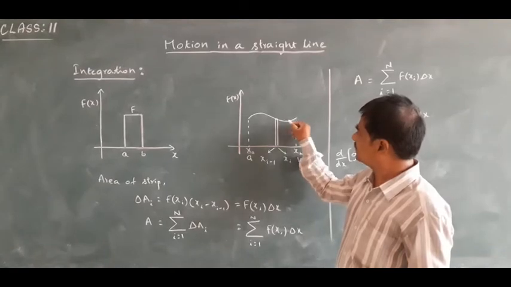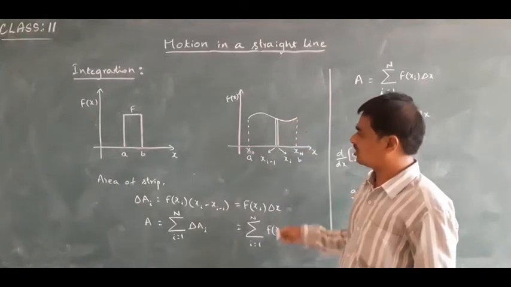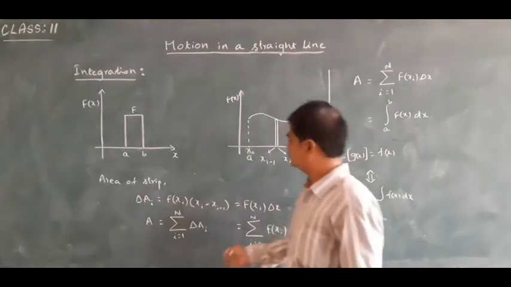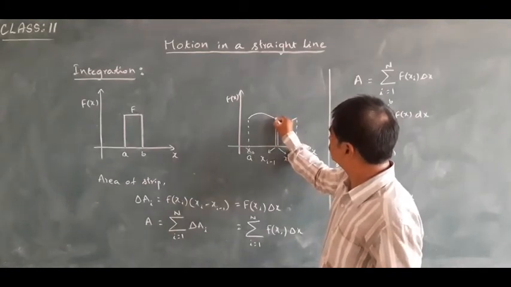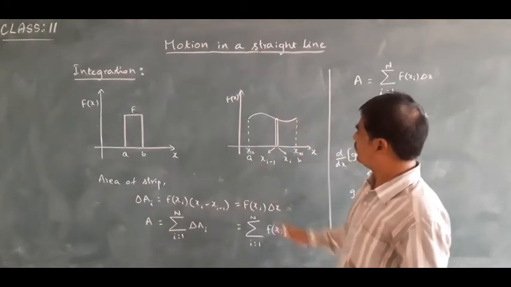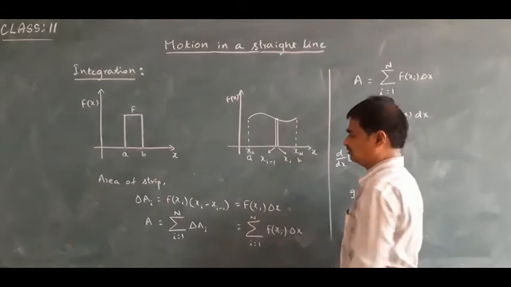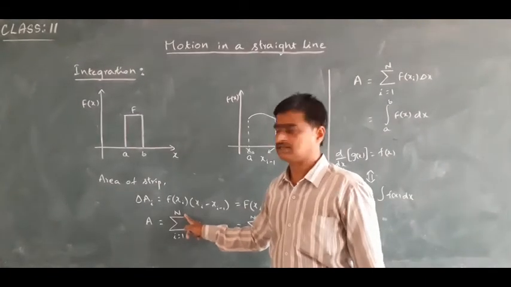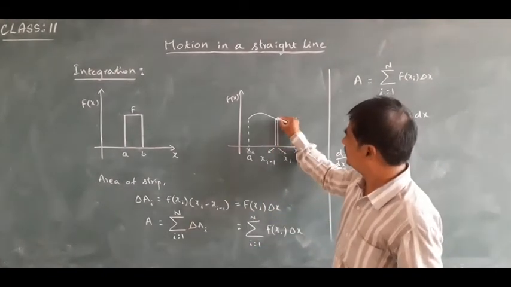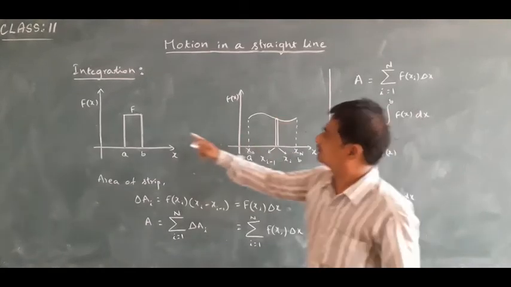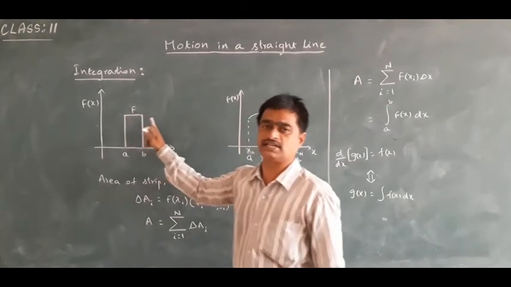Now, if we divide this function into small elements or small steps, we are going to divide it into n number of steps, so that for a given step the width is going to be constant.